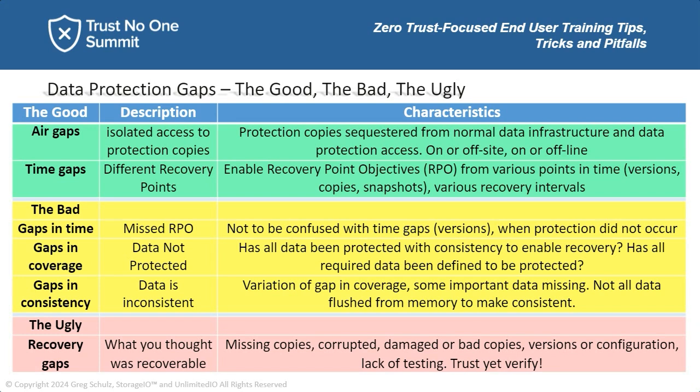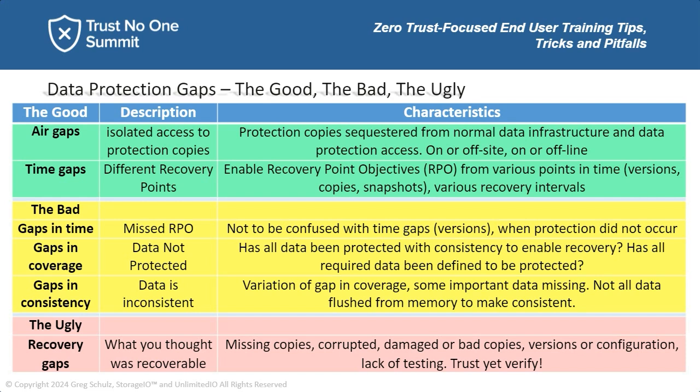Now, the bad gaps are gaps in time where you missed a protection interval, gaps in coverage where backups ran, protection ran, snapshots ran, replication ran, but they didn't capture what they should have. And that ties right into gaps in consistency, which is, yeah, you've got data, but it's not consistent. Things are missing. Maybe parts of it are corrupt or parts of it are damaged.